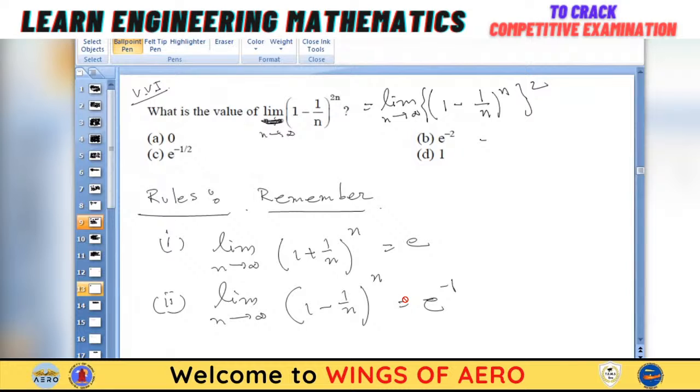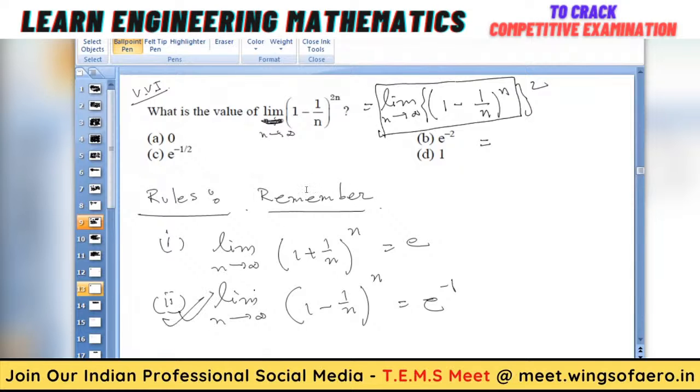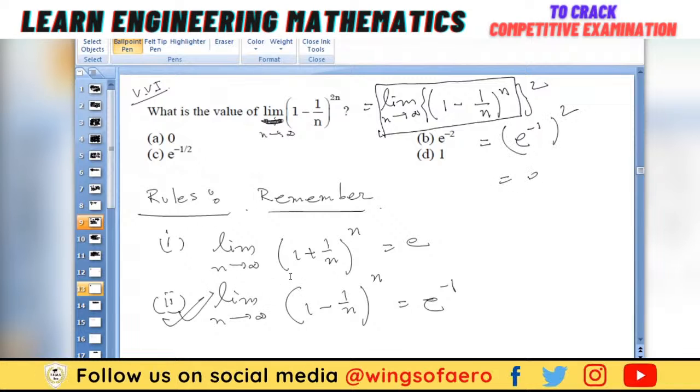Okay, so this is equal to limit n tends to infinity, follow rule number 2, this equals e to the power minus 1, and is equal to e to the power minus 2. So B is the right answer.